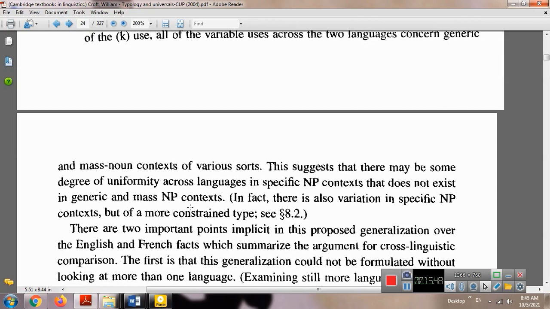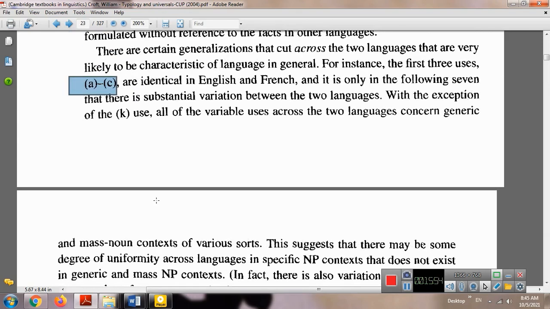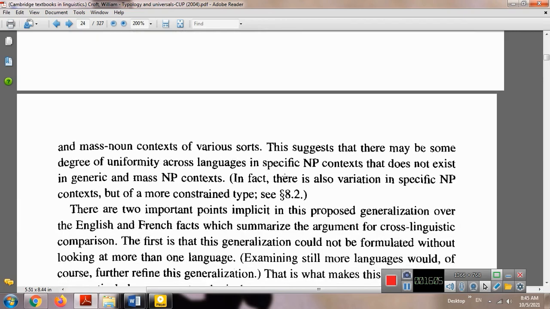Here in this book, it does the cross-linguistic comparison, because we have two languages, English and French, which the writer compared in terms of articles.